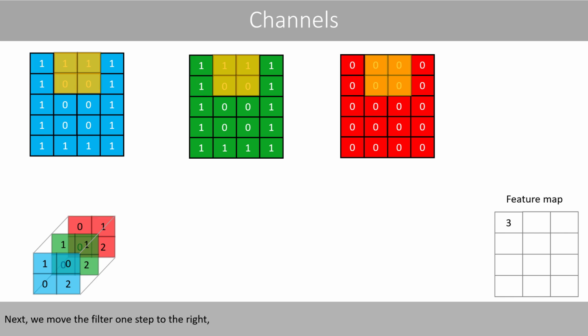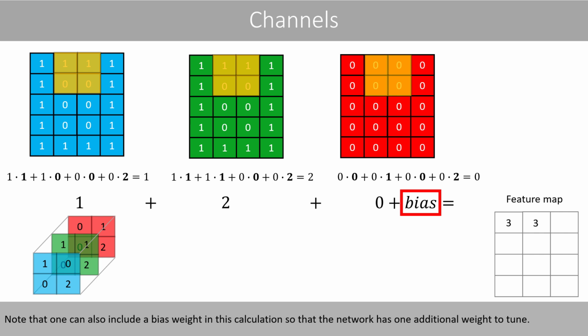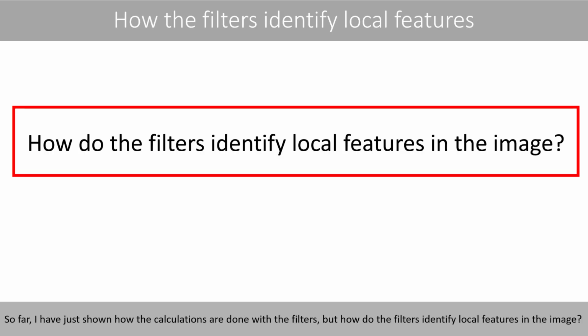Next, we move the filter one step to the right and do the same calculations. Note that one can also include a bias weight in this calculation, so that the network has one additional weight to tune. So far, I have just shown how the calculations are done with the filters. But how do the filters identify local features in the image?